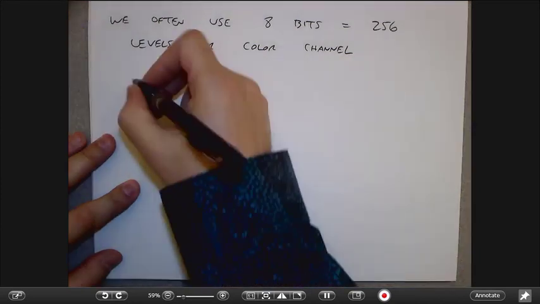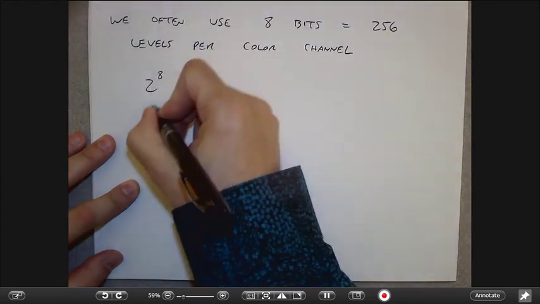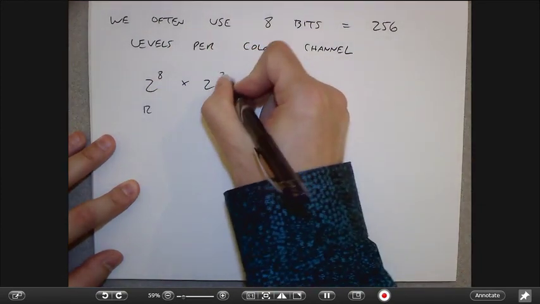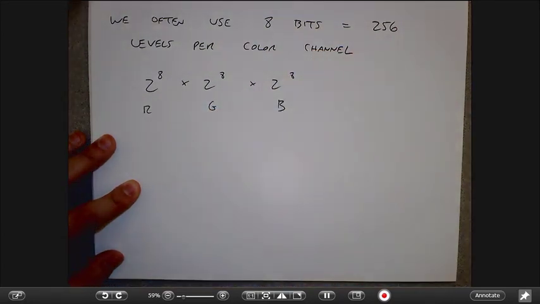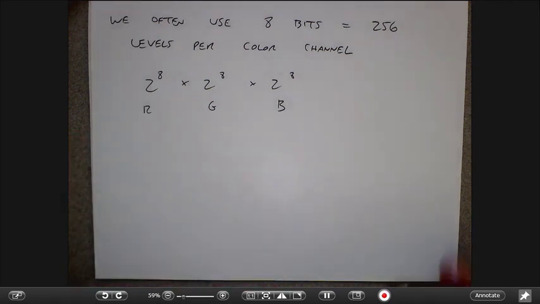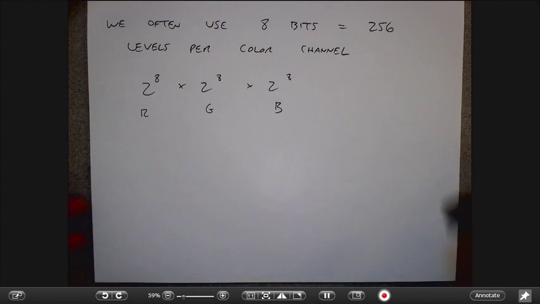And so that means that if I have a red, green, blue image, I have 2 to the 8th red, 2 to the 8th green, 2 to the 8th blue colors, right? And that would still be called an 8-bit color image.